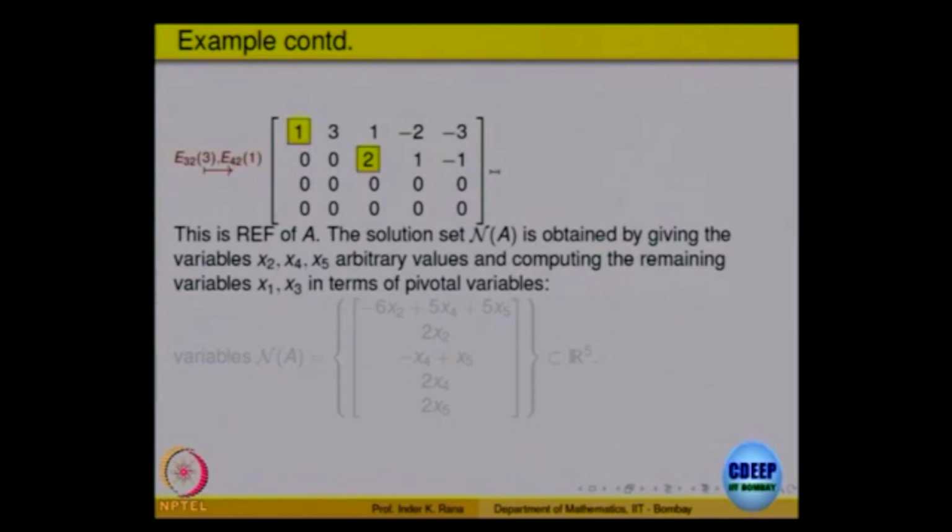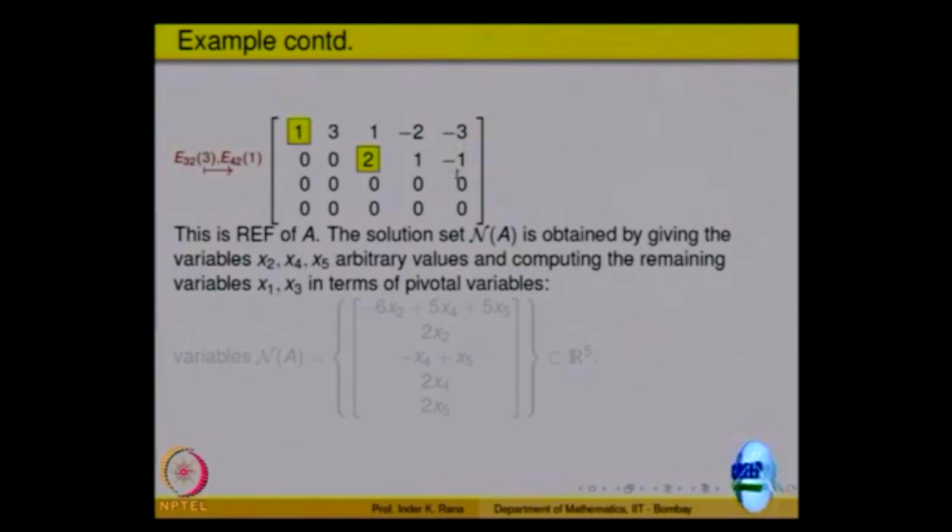And what are those variables? They are precisely the non-pivotal variables. Here what are the pivotal variables? x1 and x3. So x1 and x3 will be computed in terms of the non-pivotal variables, that is x2, x4 and x5.